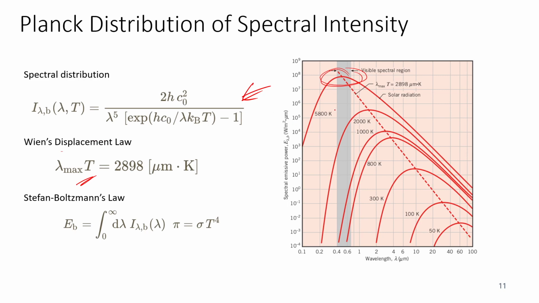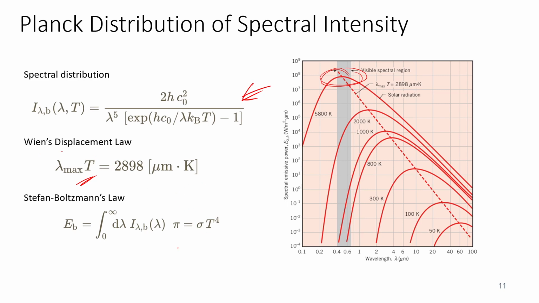This graph shows that the spectral emissive power is dependent on the wavelength as well as temperature. As we increase the temperature from 50 to 1500, we can see that the maximum emissive power will increase, and the wavelength corresponding to that will decrease. That is how we come across this correlation, that the maximum wavelength will be inversely proportional to the temperature.